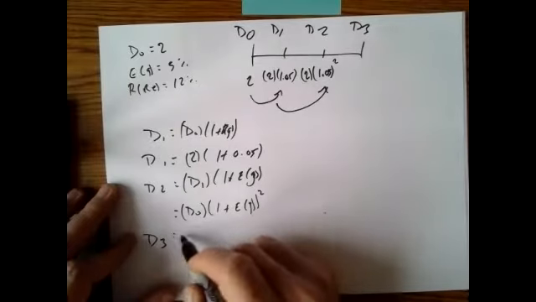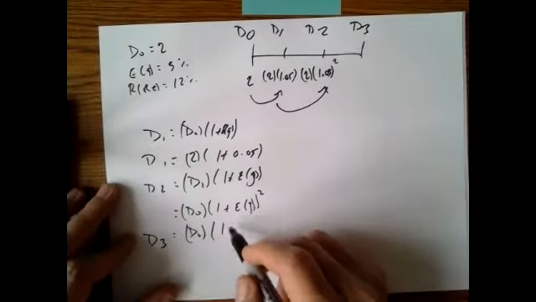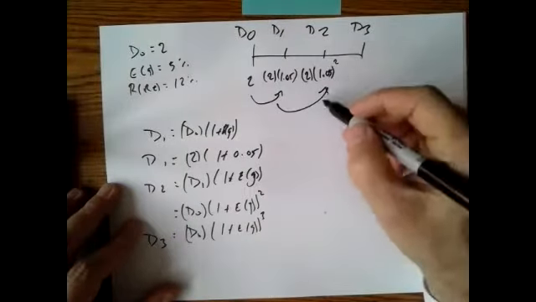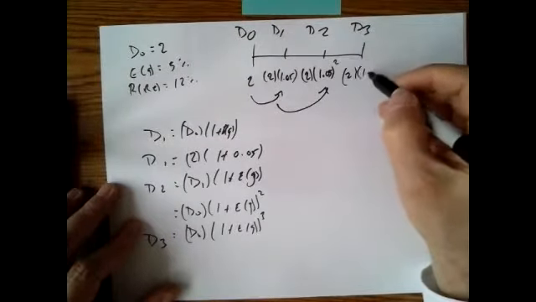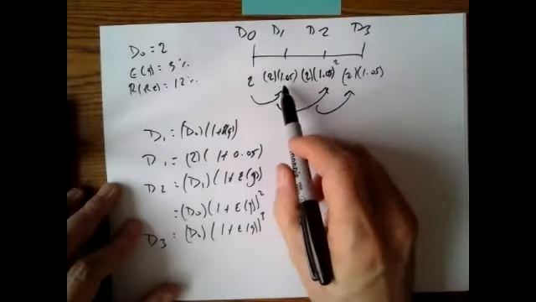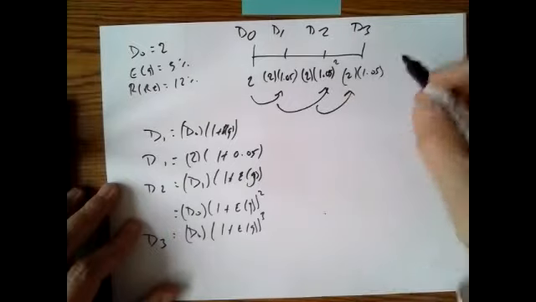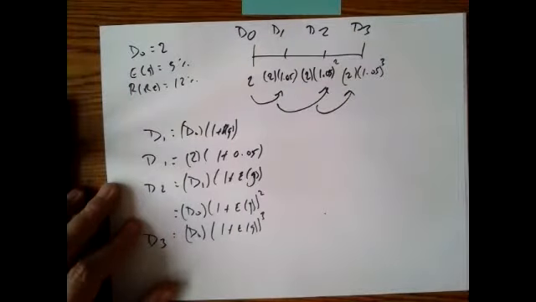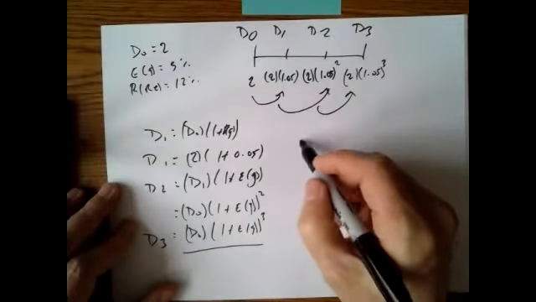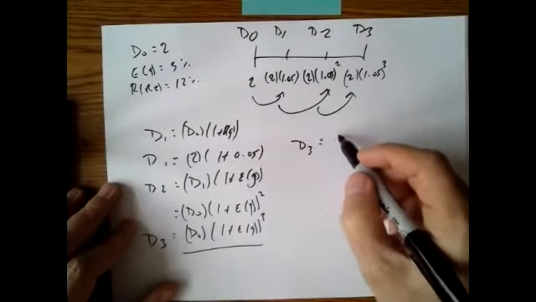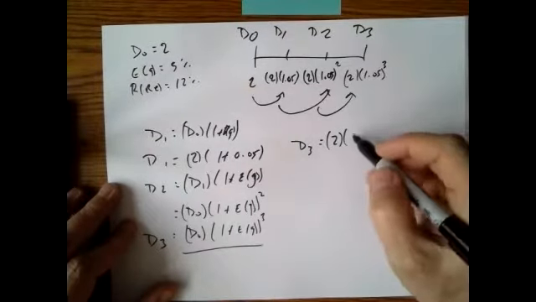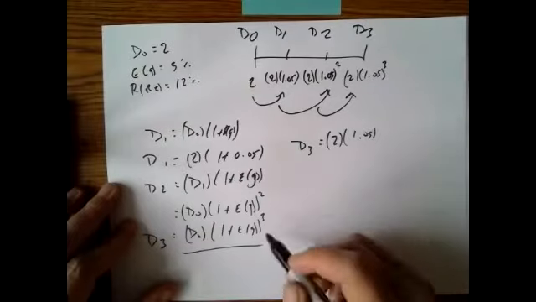And D3 is D0 times 1 plus EG cubed, because now it's times 1.05 three times. So D3 is D0, 2, times 1 plus the growth rate, 1.05 cubed.